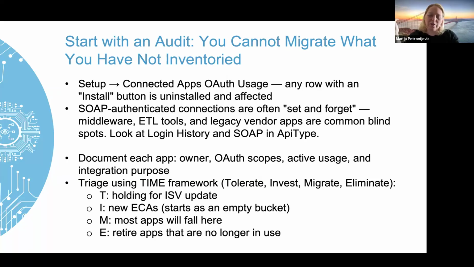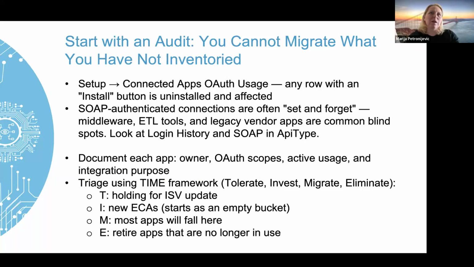Look at your logging history, look at any SOAP logins, especially any that don't look like human patterns, like something that logs in every certain amount of time, around the clock, around 24 hours. Then go and investigate and try to figure out what this app is, especially if there's no documentation, maybe because you've inherited an org.